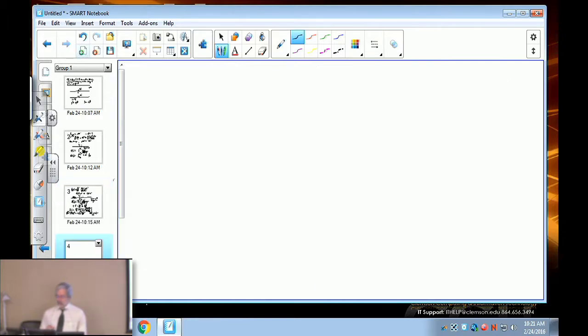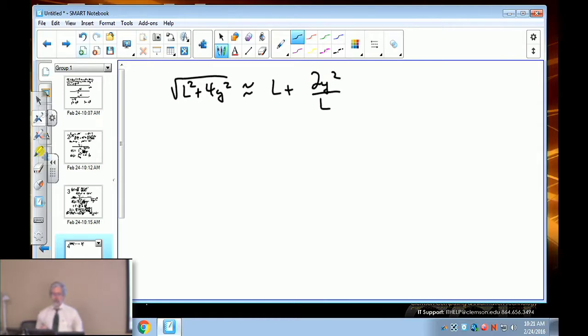Okay, so then everywhere this is going to be approximately equal to L plus 2y squared over L. I'm going to take the factor out that L, distribute it across there.